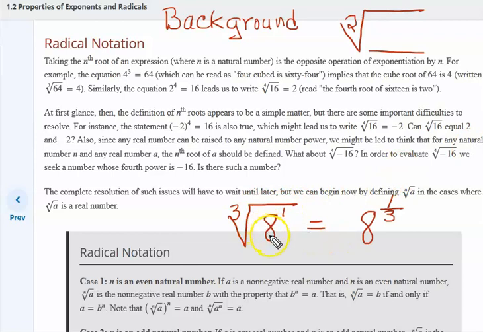So the radicand would become the base, which is 8. The exponent, unwritten 1, becomes the numerator of our fractional exponent, and the index number becomes the denominator of that fraction. So this would be radical form. This would be fractional exponential form. That's a good little tool to keep in mind as we move forward here.